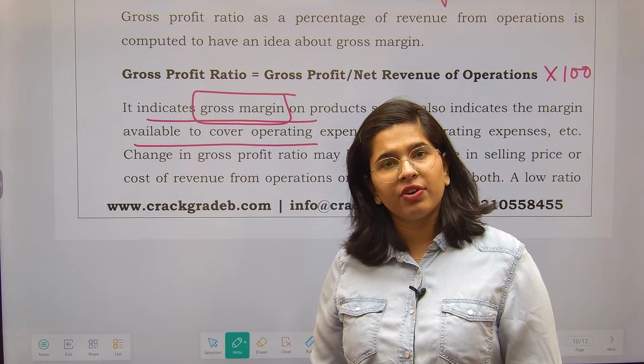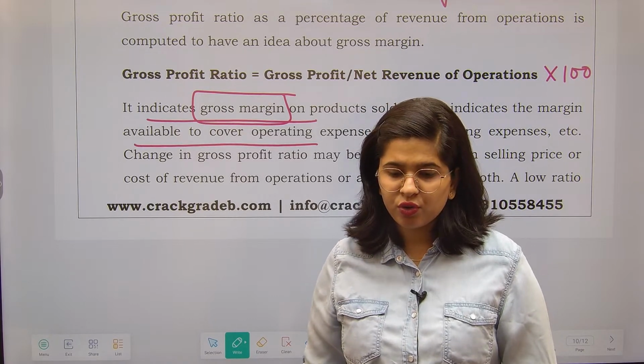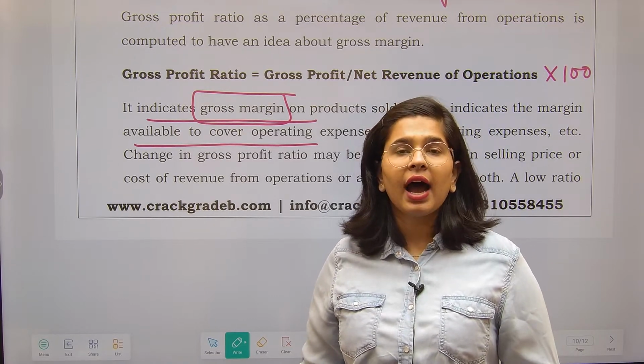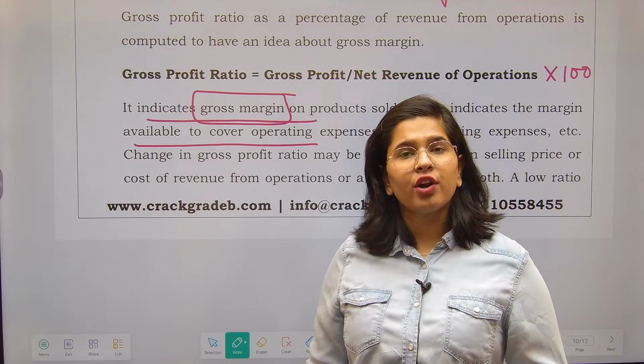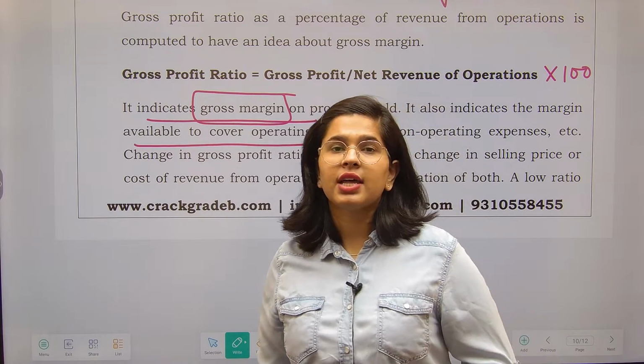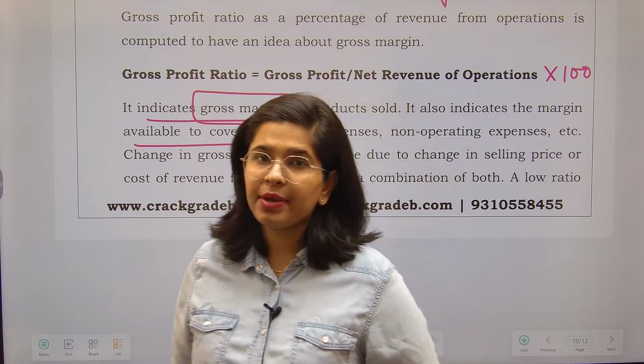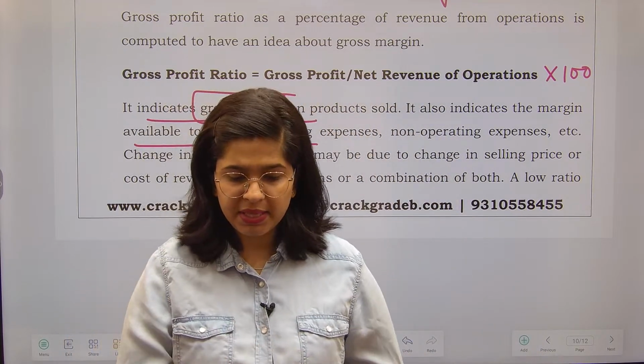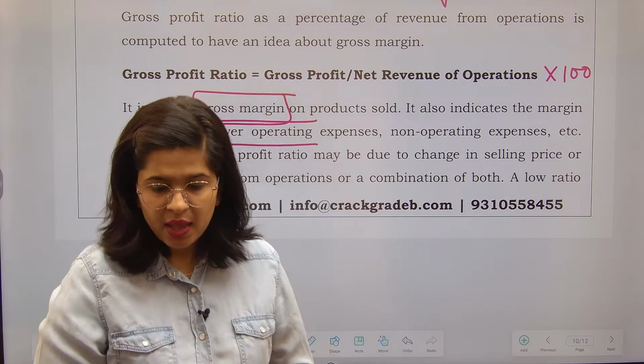Even in gross profit ratio, even in net profit ratio, like that. We want a higher amount of profit. So a high gross profit ratio will be suitable because that shows that your business is able to cover the future expenses that might happen. Okay.